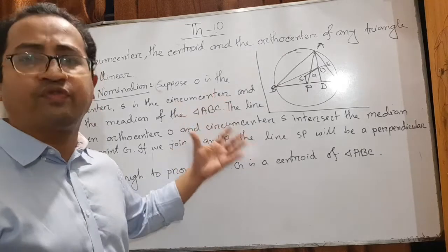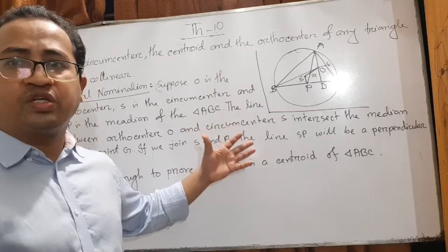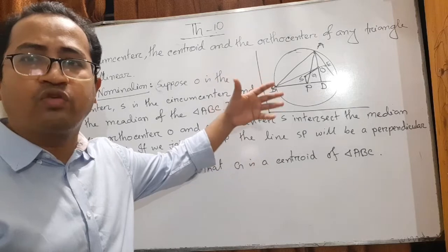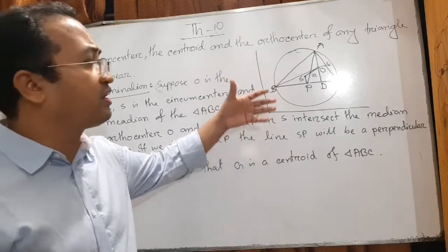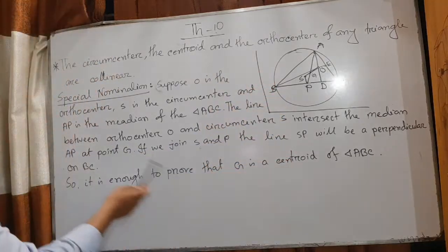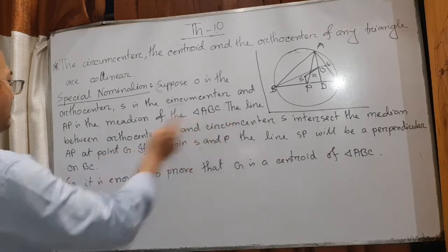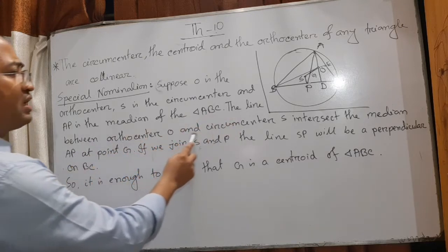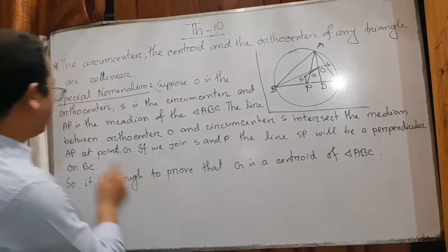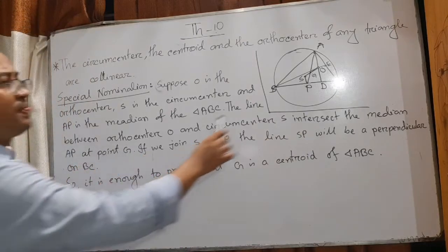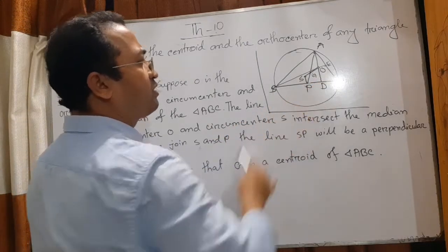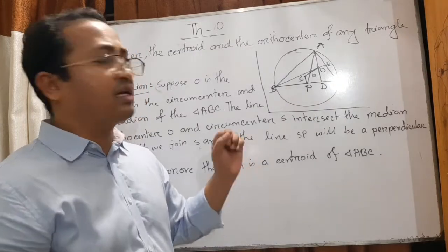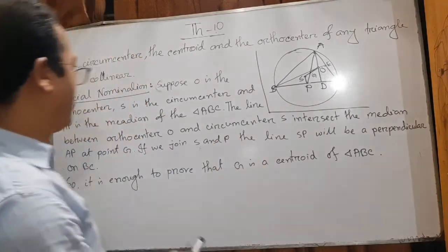Special nomination is the description of the figure, how you draw it and what is given. Now look, the line between orthocenter O and circumcenter S intersects the median AP at the point G. If I join S and O, it intersects the median at the point G.